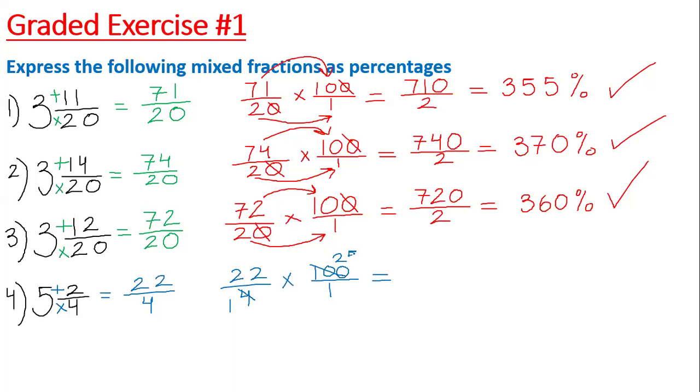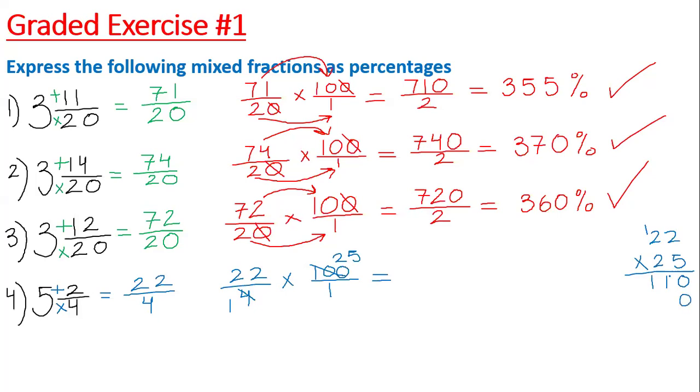And so we say 22 times 25. 22 over 1 times 25. 5 times 2 is 10, put the 0 down, put the 1 up. 5 times 2 is 10, plus 1 is 11.